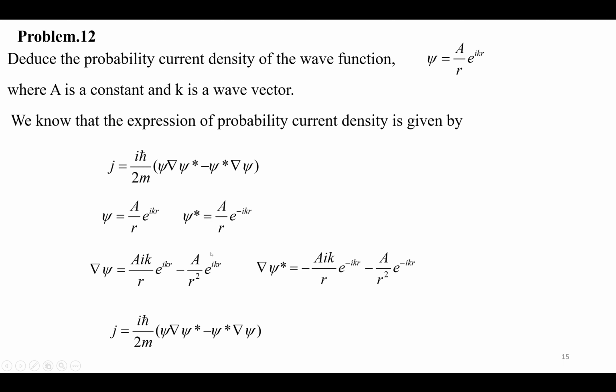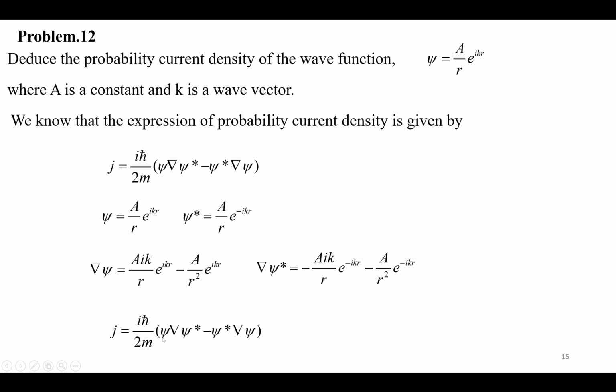Taking the complex conjugate, instead of i we go with minus i, so del psi star equals minus A ik by r e power minus ikr minus A by r squared e power minus ikr.